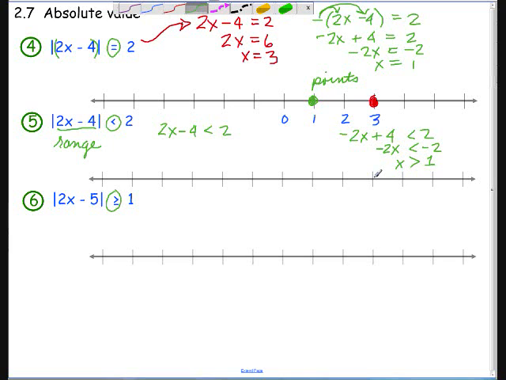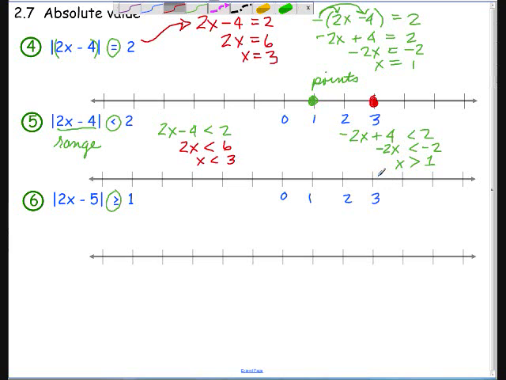So I've got, now we're going to use the same 0, 1, 2, 3. Oh, I haven't completed this one yet, have I? I'll do it in red. 2x is less than 6, x is less than 3.